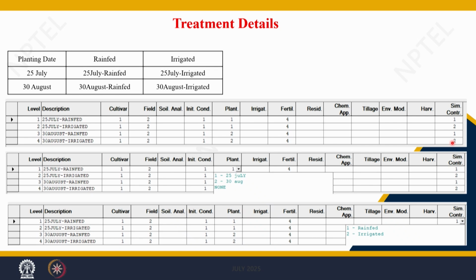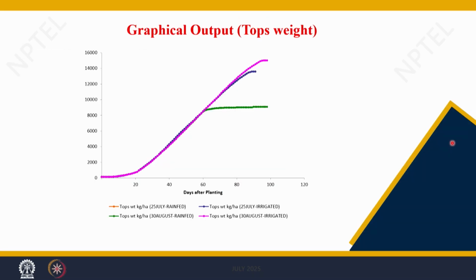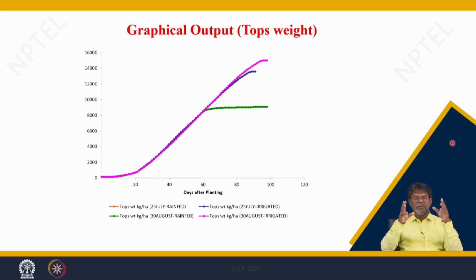For all the exercises given to you, you have to create the treatment file. Making the treatment file depends upon the problem you have, the exercise you are going to do. Based upon that exercise, you have to find what treatments have to be created.